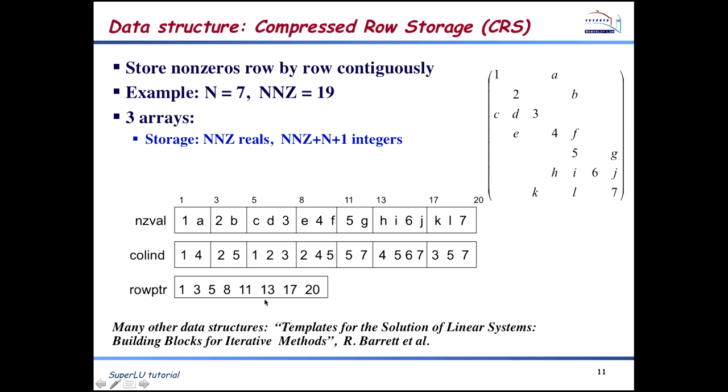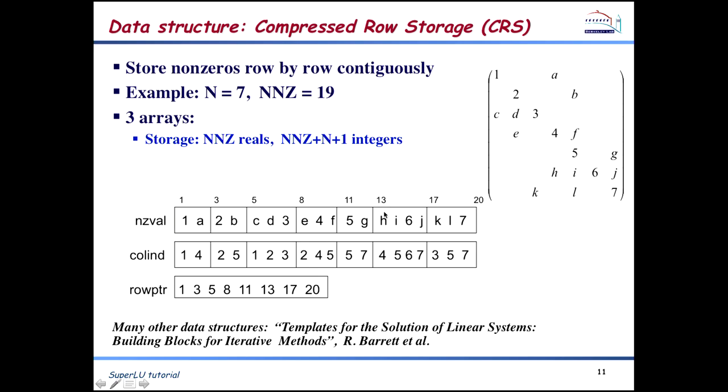And to determine the boundary of each row, there's a third array, which is the row pointer, which points to the beginning of each non-zero row. So the first one starts from 1, the second row starts from position 3, the sixth row starts from position 13.